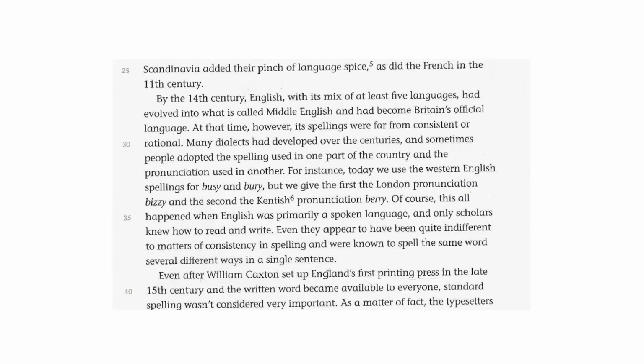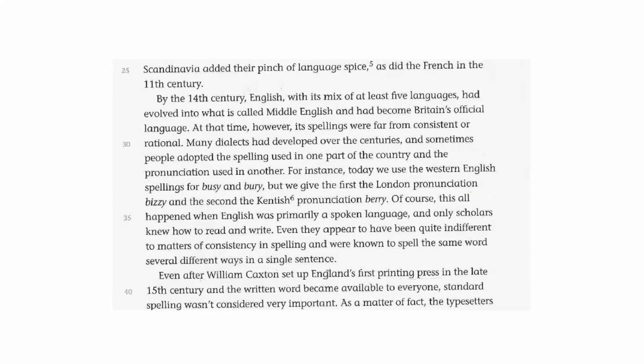So even after William Caxton set up England's first printing press, that's the thing that makes books, in the late 15th century, and the written word became available to everyone. So I guess everybody was illiterate until the 15th century. Standard spelling wasn't considered important. And again, if it's not considered important, it's going to be a lot of mistakes, chaos.